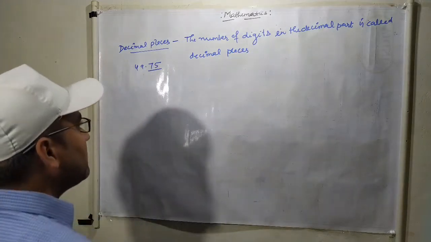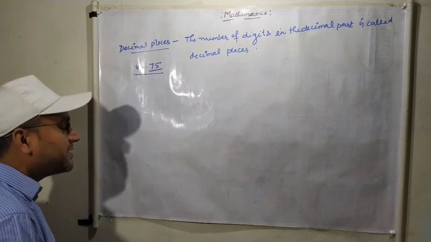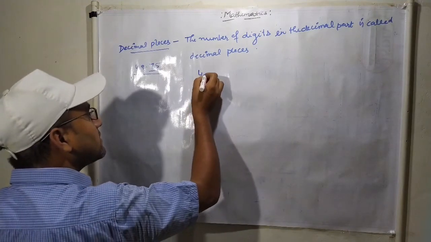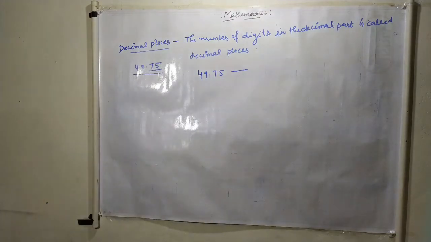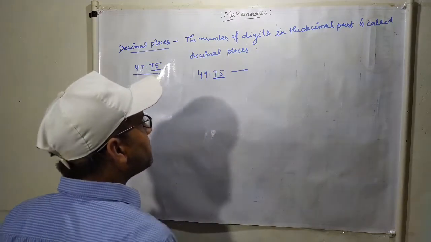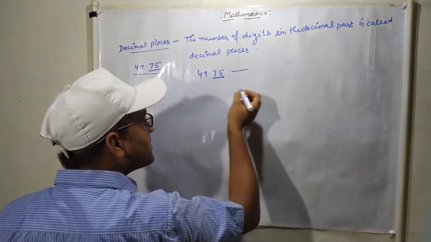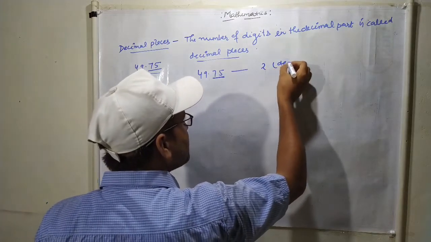So for example, how many digits are there after the decimal point in 49.75? 49.75 has two decimal places. The number of digits is two, so its decimal place is 2.